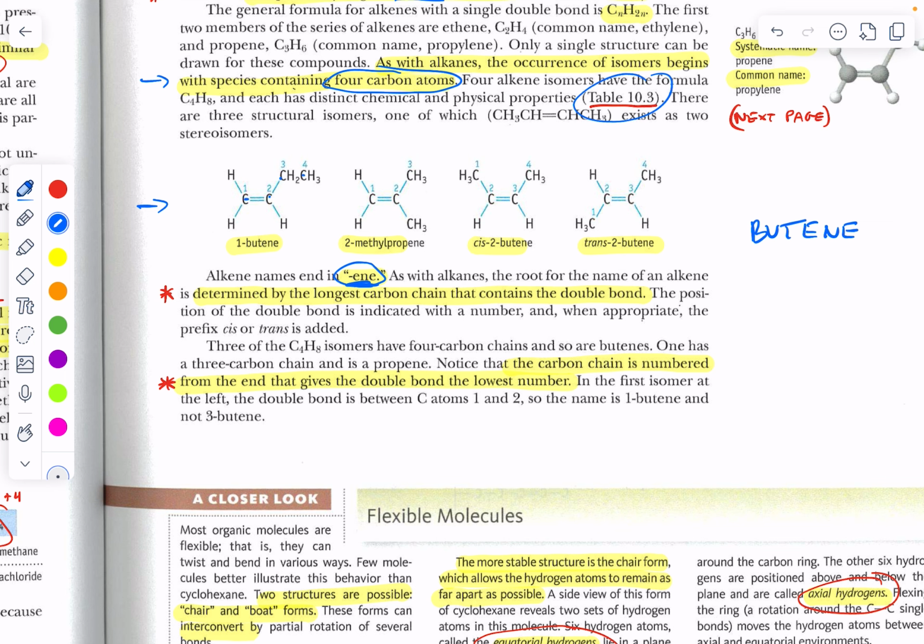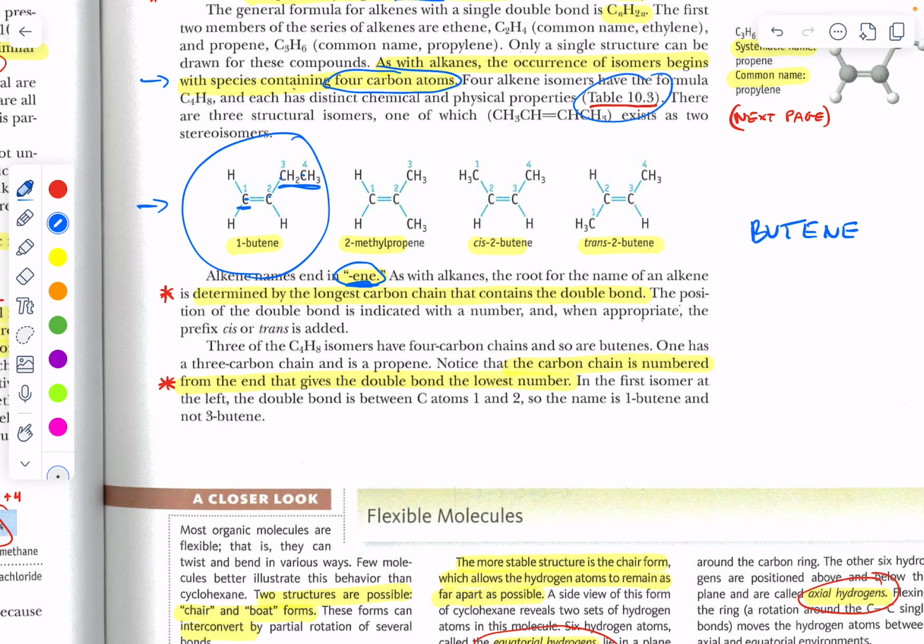The next thing we need is the address of the double bond. For the double bond, we want to pick the number of the carbon that is smaller of the carbons on either side of the double bond. So the double bond takes precedence over the longest chain. If you look at this molecule right here, you see the longer chain is over here, but the double bond is closest to the left end, not the right end.